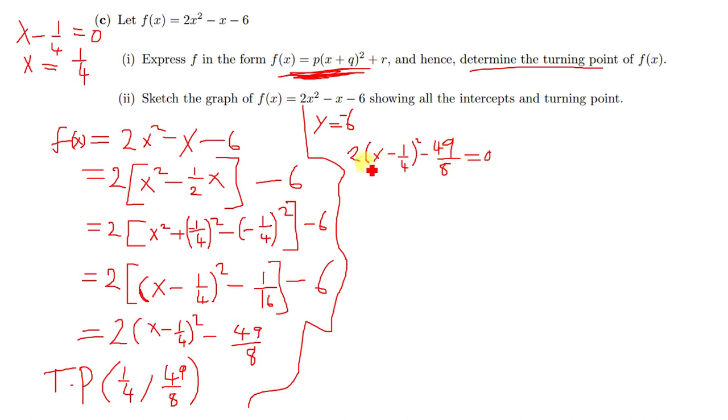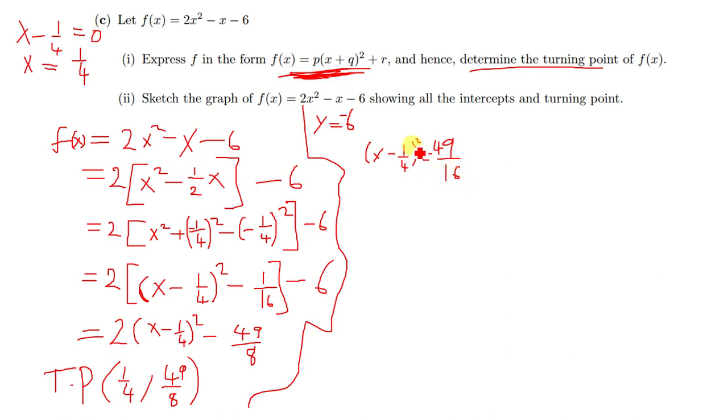When you equate this to 0, you take the 49 over 8 to the other side of the equal sign. It will change from negative 49 to positive 49. Then divide by 2 on this side as well, so the 2 and that 2 cancel. Then it's going to be 49 over 16.